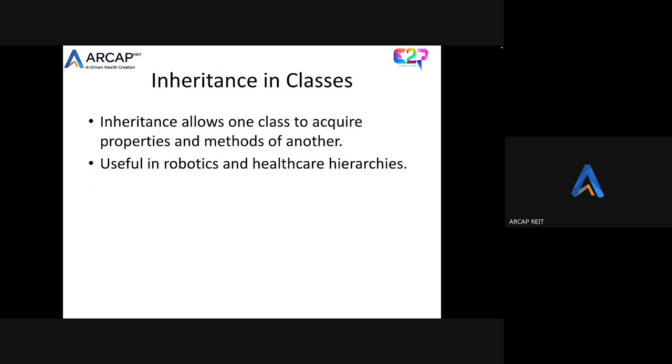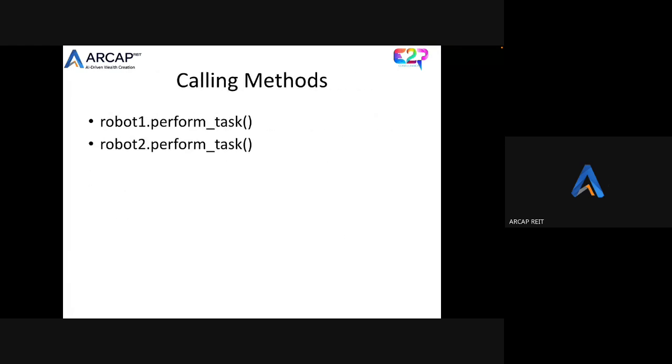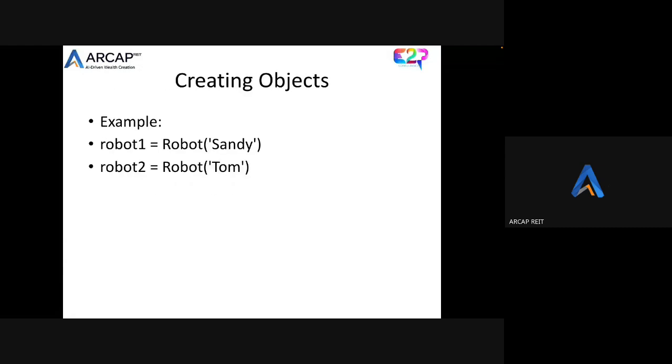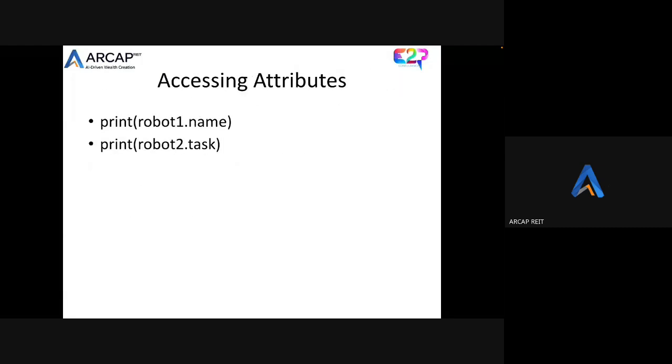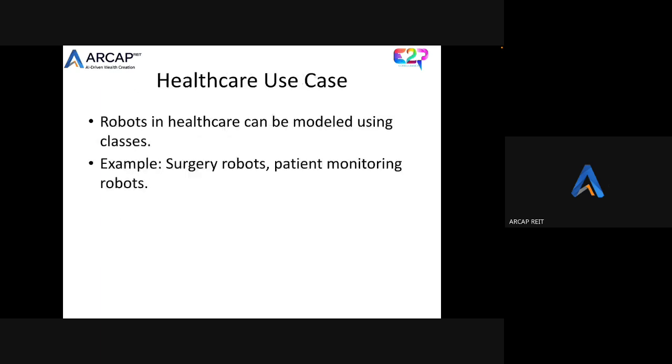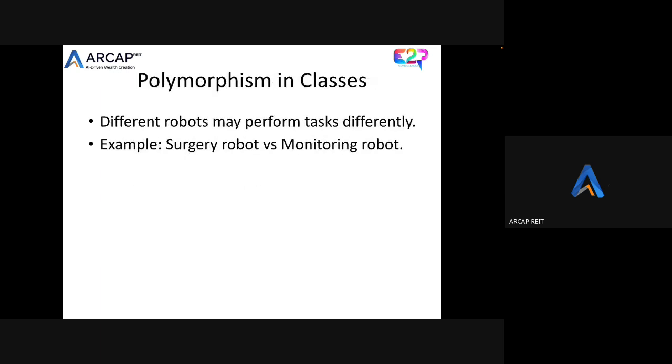Coming to inheritance, then polymorphism. We have created a class of a particular robot, but the monitoring robot works in a different way, and the surgery robot works in a different way.